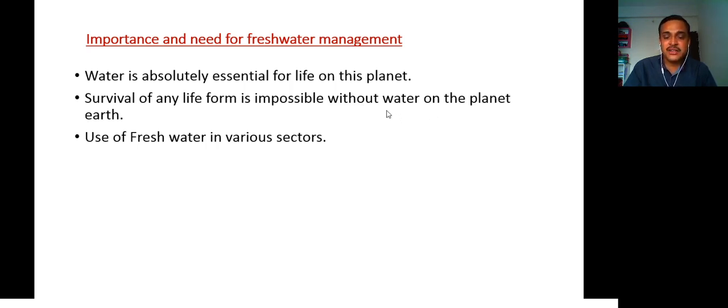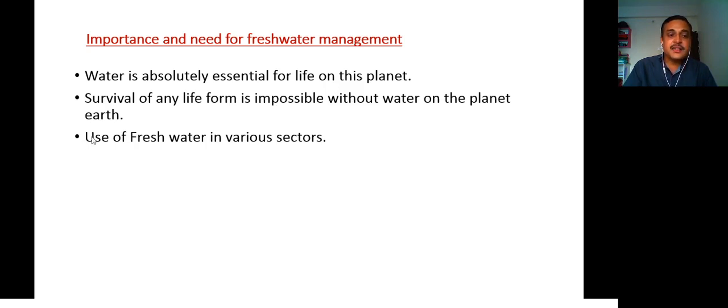For growth and different metabolic activities, water is a fundamental component for their growth, survival and existence on the earth surface. So this is the basic idea about the importance and need of fresh water.